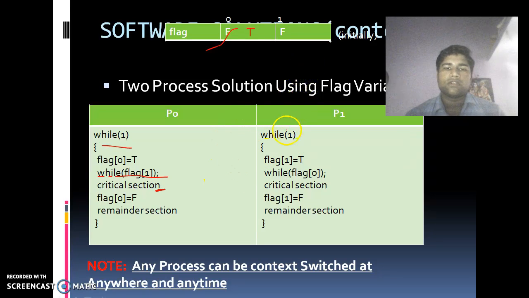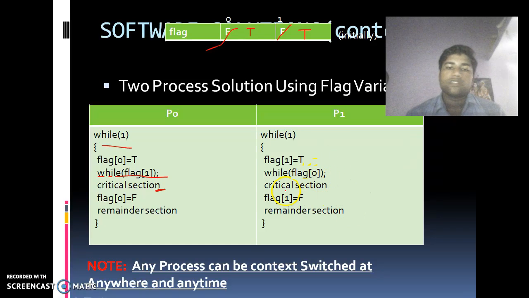Now it goes to this while 1. Now flag 1 is equal to true, so we make it true. Now while flag 0, if this condition is true, you can see that it is true, so it goes into the infinite loop.